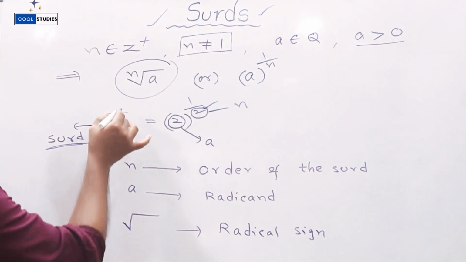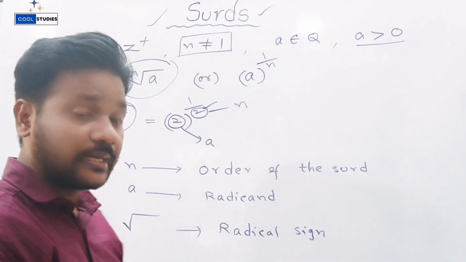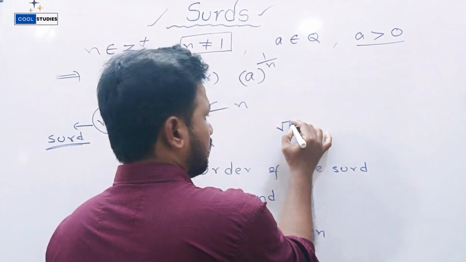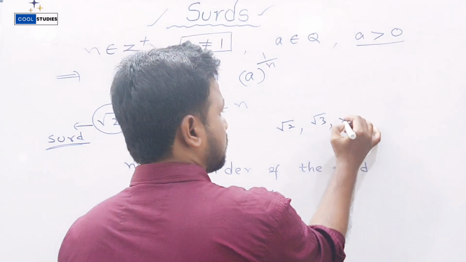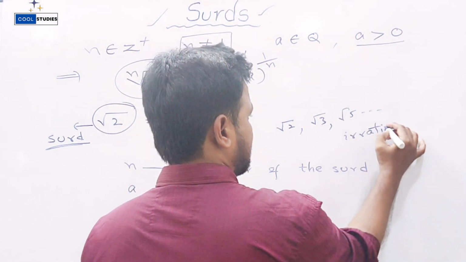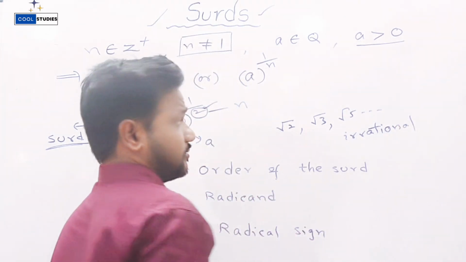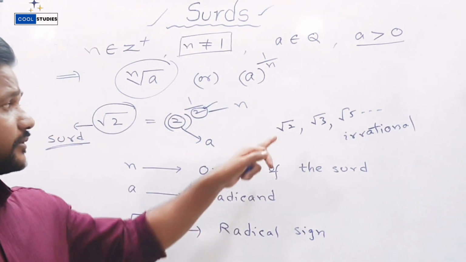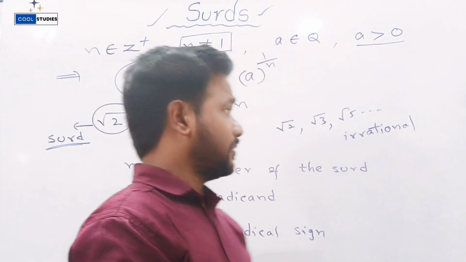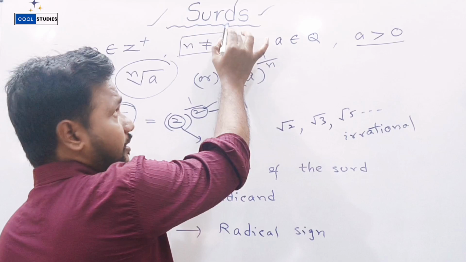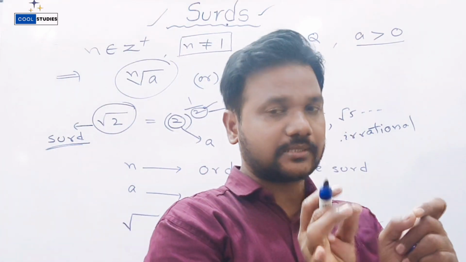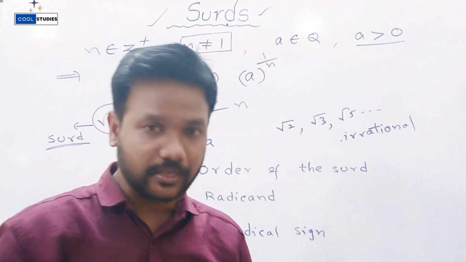Here you observe that root 2, root 3, root 5 are generally called irrational numbers. But we can also say that this type of number is called a surd, right? We can say that all surds are irrational numbers.